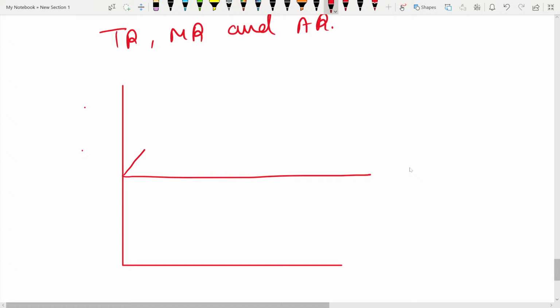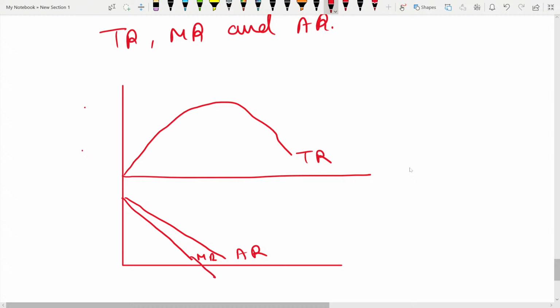Let's suppose this is TR, this is AR, and this is MR. So MR is just going negative. This is the maximum point where TR is maximum. So when TR is maximum, MR will be 0.